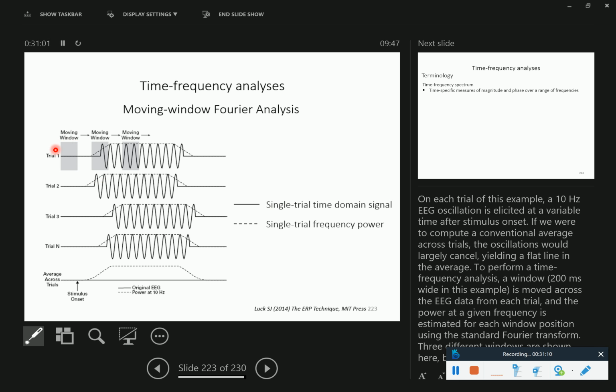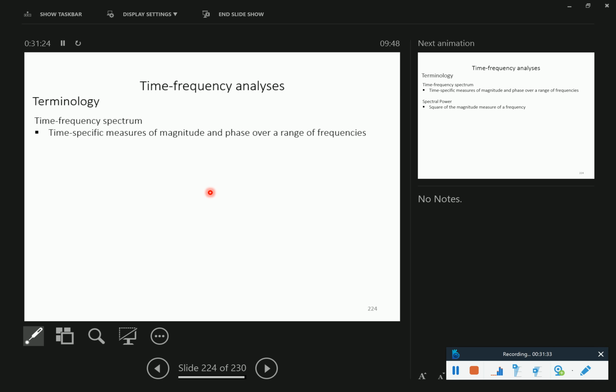If you do a frequency decomposition in this time window, you get a frequency spectrum for this time window, then you shift your time window a little bit, and you get a frequency spectrum for this time window. And if you do that repeatedly, then you get what's called the time frequency spectrum.